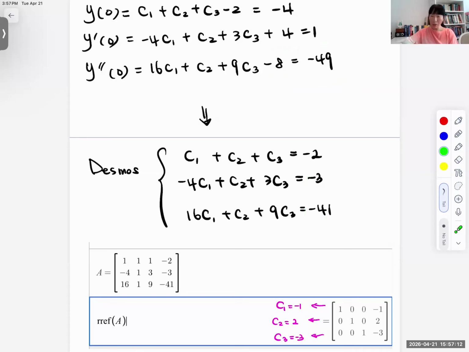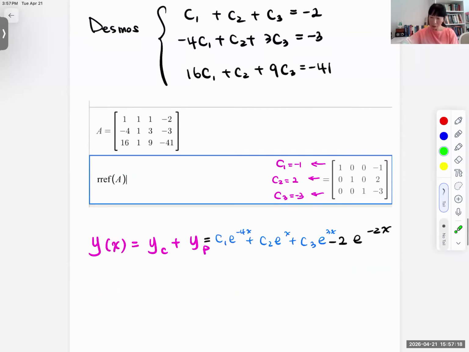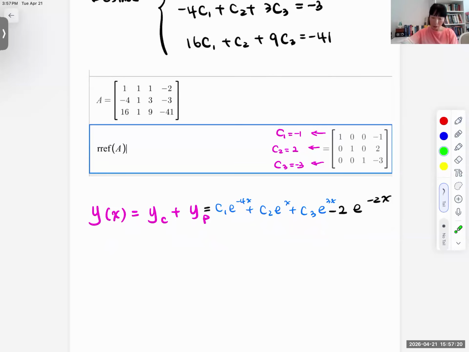So using a decimals matrix, I screenshot it and brought it here. Reduced row echelon form: C sub 1 we get negative 1, C sub 2 we get positive 2, sorry, and C sub 3 equal to 3, right?